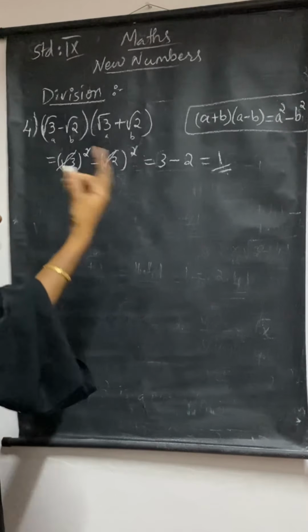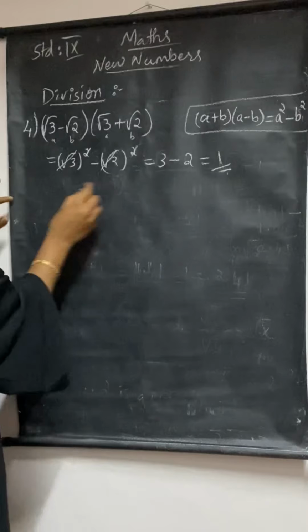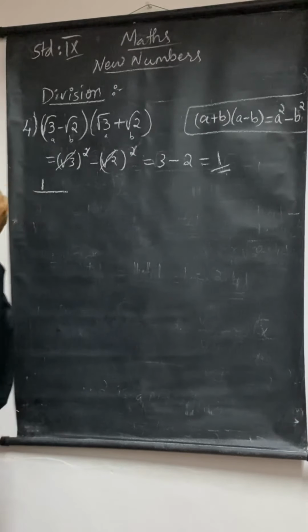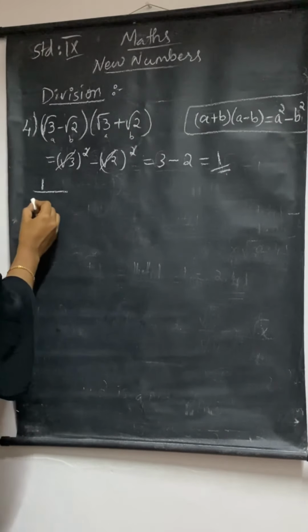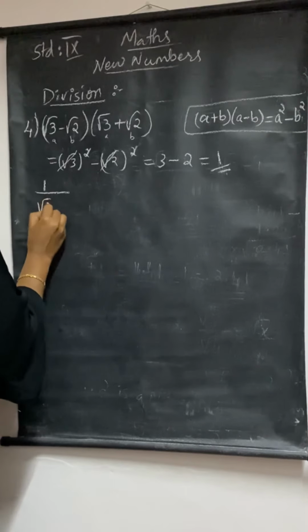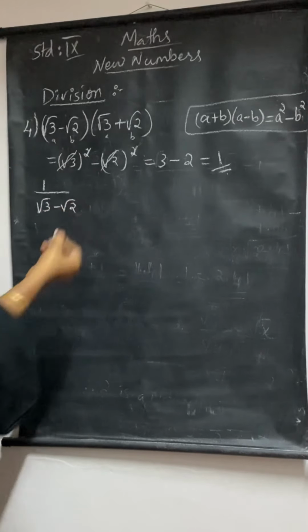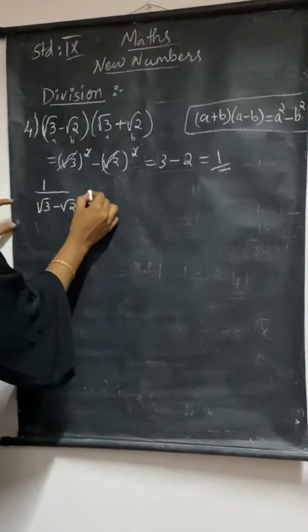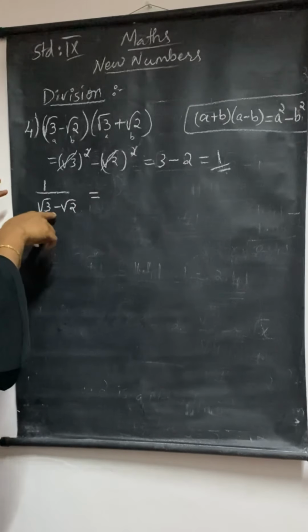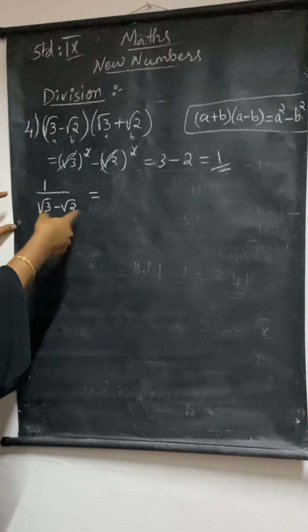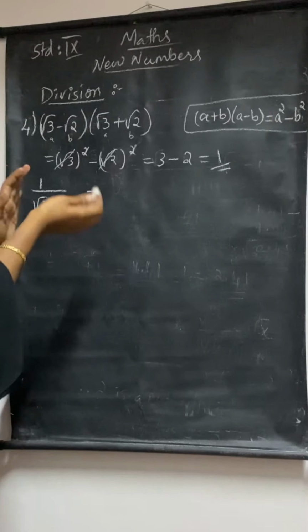What is the next question? Use this to compute 1 by the first one, square root of 3 minus square root of 2. As we did before, the same way you have to compute this one. So now what to do? We told that if a root comes in the denominator, you have to multiply the same number up and down.